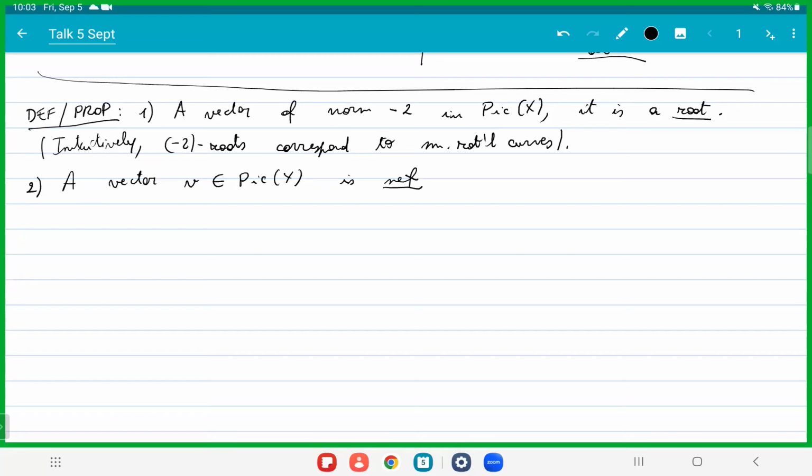But it turns out that on K3s, it's even easier than that. We just need to check that the intersection number is non-negative against the smooth rational curves. So if and only if V times R is greater or equal than 0 for every R a smooth rational curve.